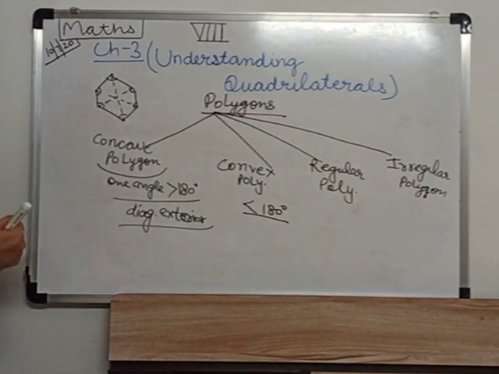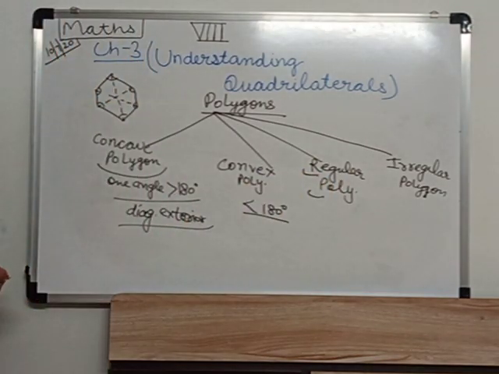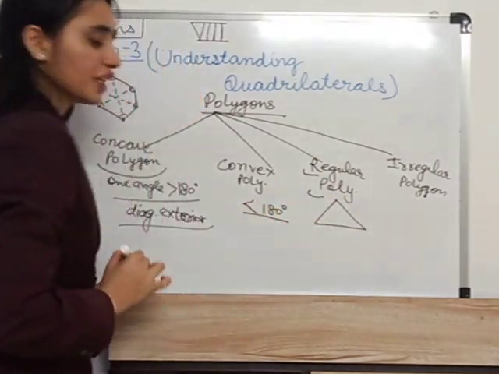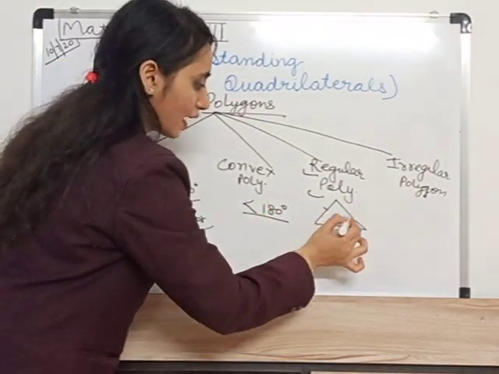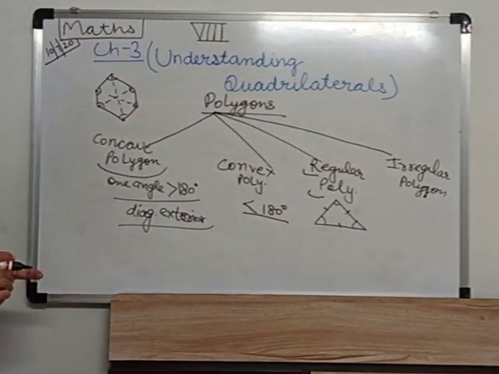Okay. Now regular polygon. In a regular polygon, all sides and angles are equal. For example, an equilateral triangle: all sides are equal and all angles are equal. This is a regular polygon.